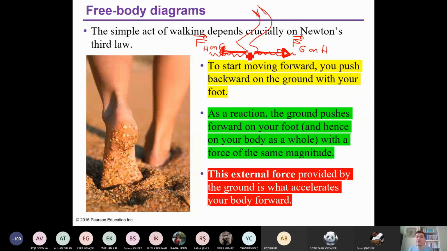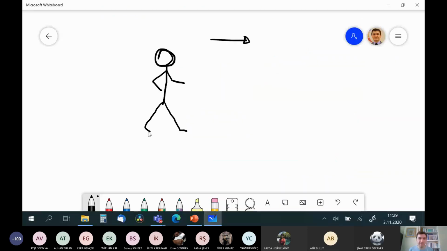So what about the movement of this body? Which forces are acting on this body? So this guy applies a force in this direction. This is the force applied by the human on the ground, let's say. And then due to the action-reaction, due to Newton's third law, there is a force applied by the ground on the human. And what are the other forces? We have weight due to gravity, and we have the normal force.